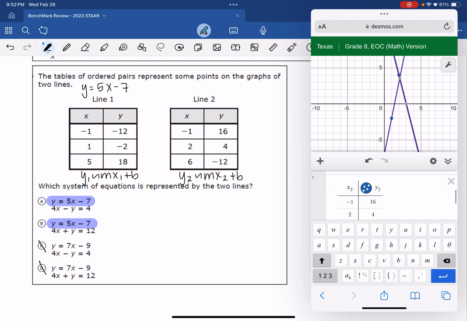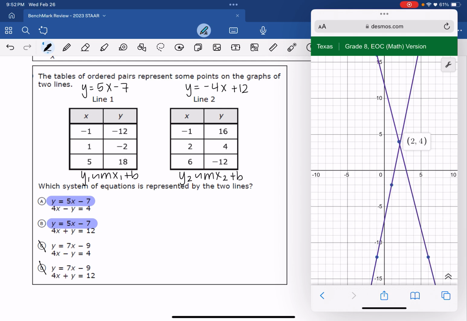So notice here in this second table, it's x2, y2, right? So you're telling Desmos to use the second table. So that one is negative 4x plus 12. So here's where the other calculator trick comes into play. Desmos will graph where they intersect, right?